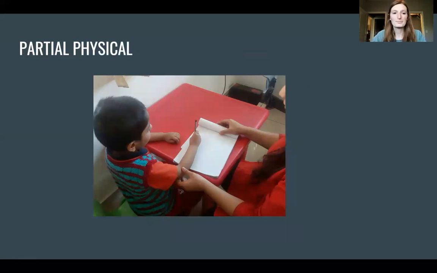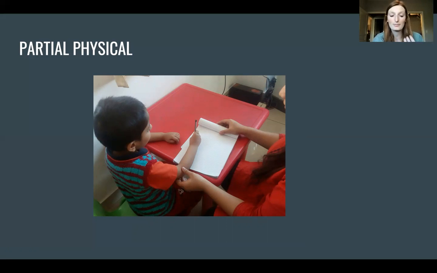Another prompt that we look at is partial physical, right? So we look at our partial physical prompts. This is not a full physical prompt. As you notice in the picture right here, her hand is touching the learner's elbow. And this could be someone physically guiding the learner, but more with a tap or a nudge, right?